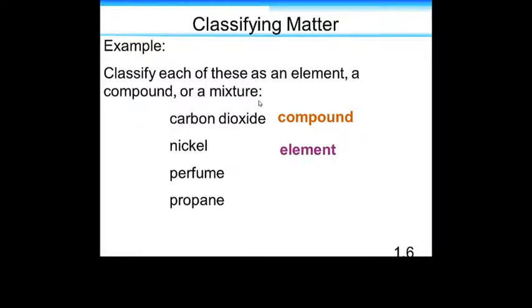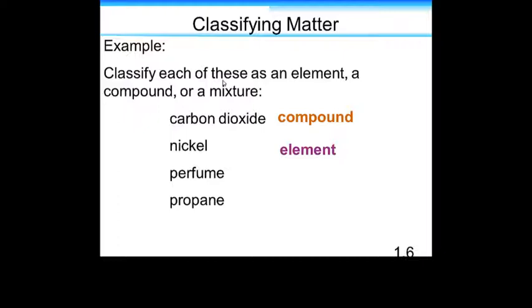Perfume is a mixture. If you ever find yourself with a bottle of perfume and look at the ingredients, there are various fragrances added as well as usually an alcohol solution of sorts.